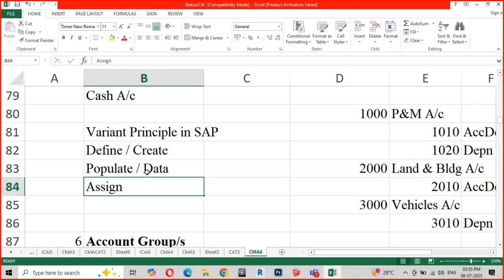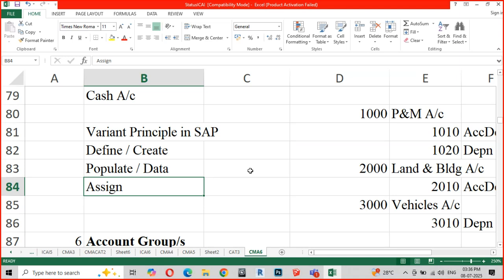Anything that you create must have some data within itself. For example, your chart of accounts should have the general ledger accounts. This is what you populate that particular entity with the relevant data. You are populating, feeding that particular entity with the relevant information.